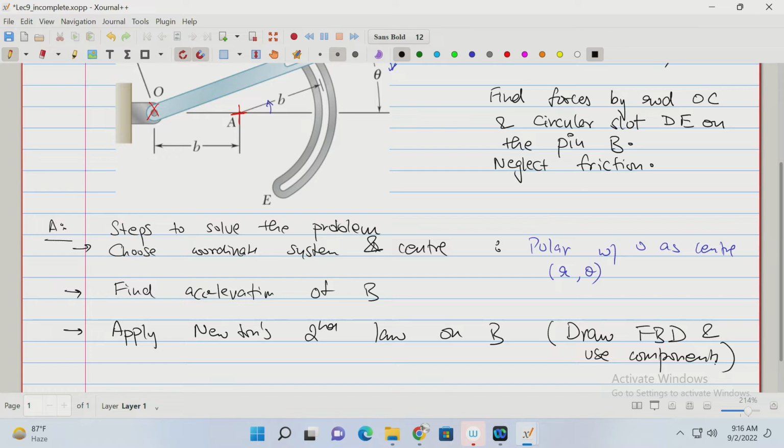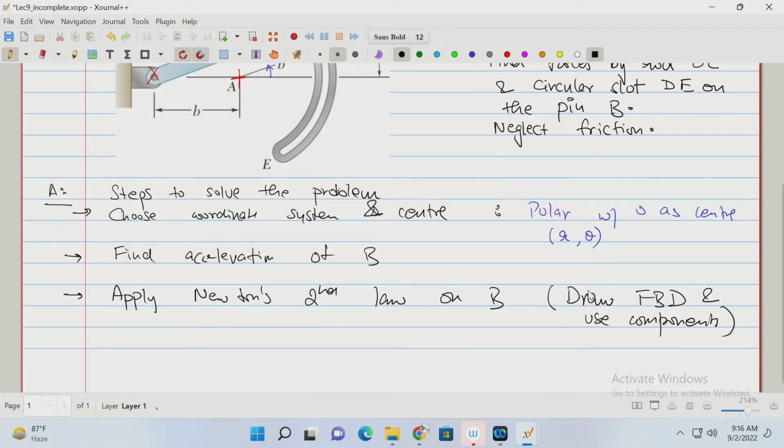And we'll use components because with vectors, we'll deal with two independent coordinates. The acceleration of B, we'll find the A_R and A_theta components because we are working in polar coordinates.